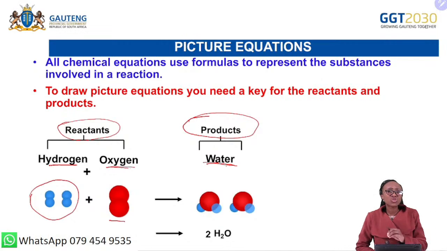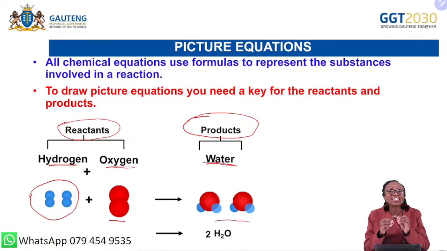We need not choose a different color for water, because remember, in a chemical reaction, we are rearranging, we're breaking the bonds between the atoms of elements and molecules that are the reactants, and rearranging them to form new substances. So we don't need to find a new key or a different color for the water.